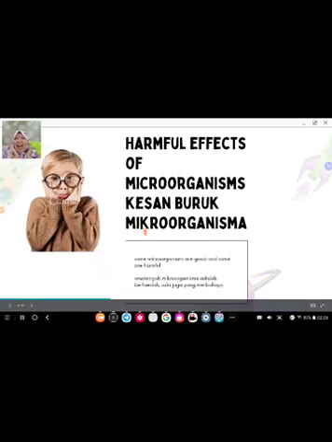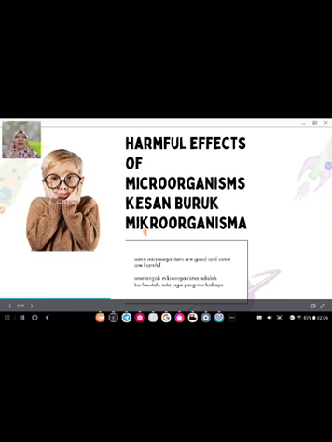Okay. First, harmful effects of microorganisms. Based from the word harmful. So what's the word harmful? Kesan buruk mikroorganisma. Mikroorganisme semua jahat ke? Taklah, mikroorganisme ada yang baik.